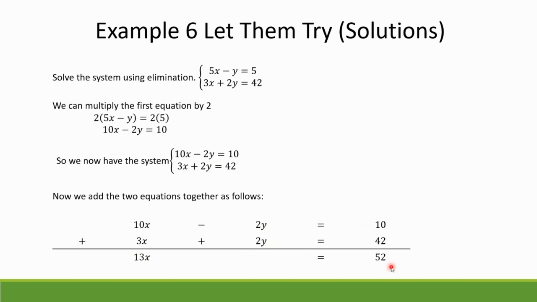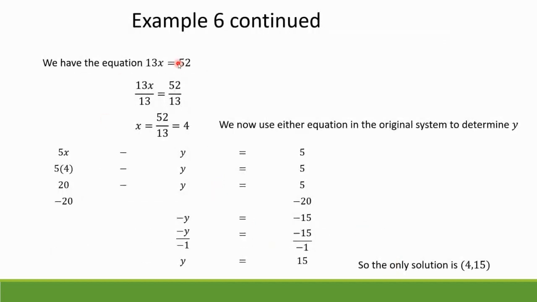Here we have 52. So we have 13x is 52. How do we get x? Divide both sides by 13. We get x equals 4.